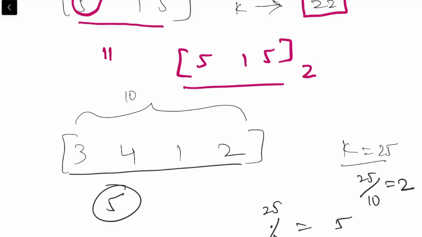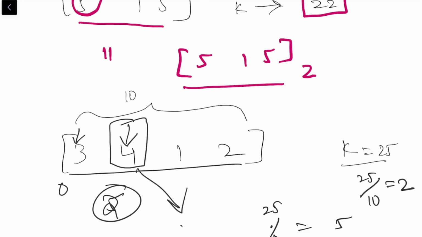The rest of the 5 we'll try to arrange among the students. 5 gets to 3 and 2 will be remaining, so the second student can't do the work. The index starts from 0, so the index will be 1. We need to return 1.